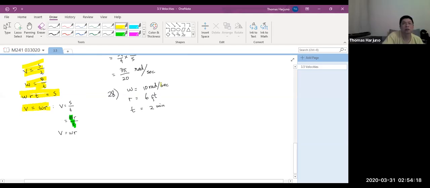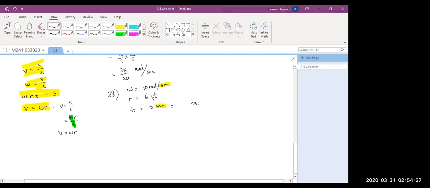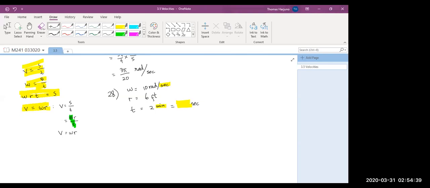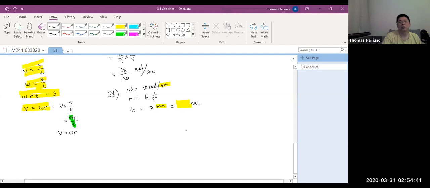Notice that the units are different here. So you need to first change this into how many seconds. By the way, 2 minutes, how many seconds? 120 seconds, that's right.